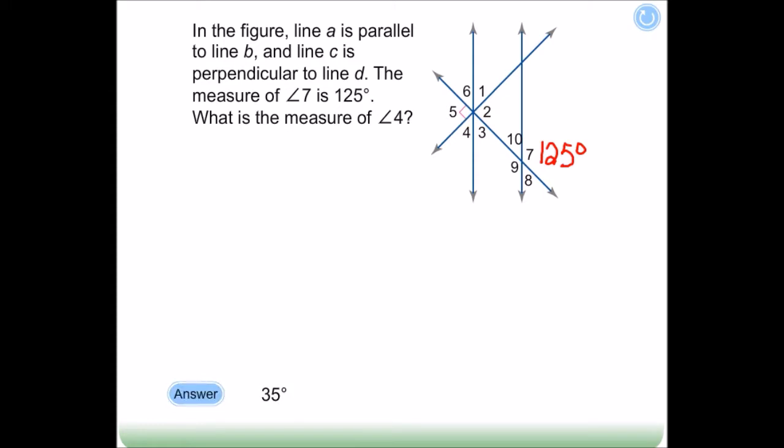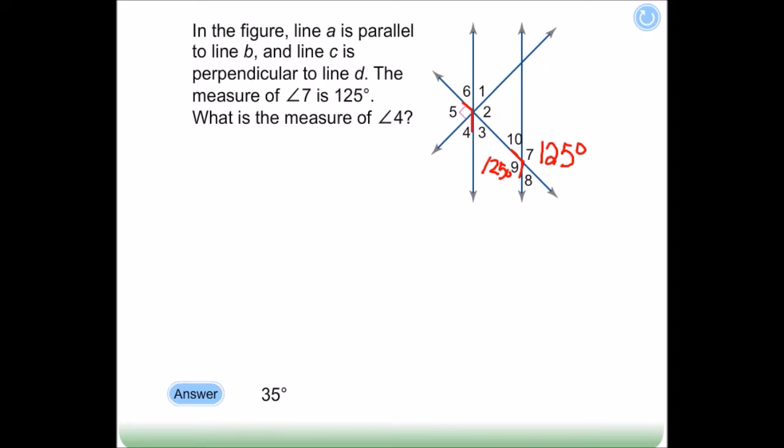Okay, the measure of angle 4 is 35 degrees. Let's look at one way to prove that. Since angles 7 and 9 are vertical angles, that means they're congruent. So angle 9 is also going to be 125 degrees. You can notice that angle 9 and angles 5 and 4 together are corresponding since they're on the same side of the transversal and they're the same measure.